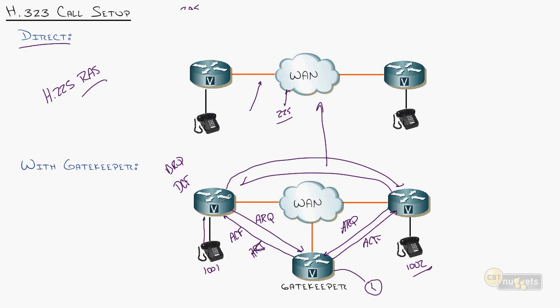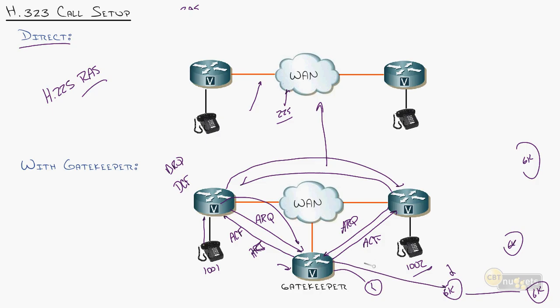Now you can even take that to a whole other level. You can get multiple gatekeepers as the system scales bigger and bigger, to where maybe he's got some of the registrations, and he's got some of the registrations, and so you can get to a point where this guy sends an admission request for some gateway way over here, and the gatekeeper's like, whoa, I don't manage that, but I do have a link to another gatekeeper, and he'll send what's called a location request, saying, hey, do you have extension 3009?